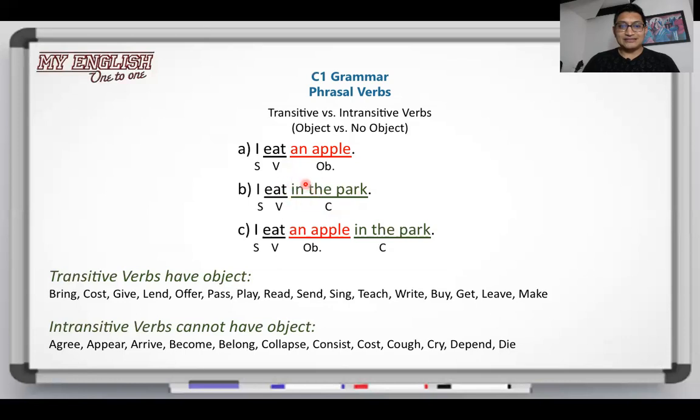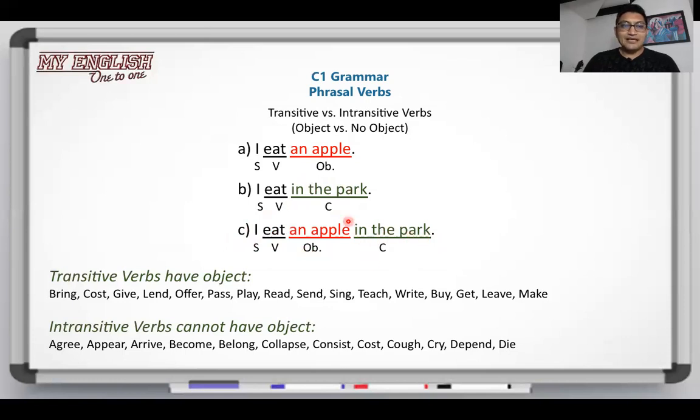The preposition is in the park. Whenever you detect the presence of a preposition here, then we're talking about a complement. Now, in format C, we have the sequence, I eat an apple in the park. This sentence has a subject, a verb, an object, and a complement.